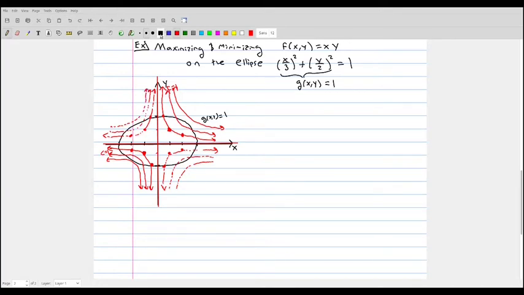So you should hopefully be able to see that the gradient of this ellipse, of this level curve for g, is going to be pointing at these varied points perpendicular when you're at a 45-degree angle in any one of the quadrants, and as well the gradient of the function f at that point will also be perpendicular.